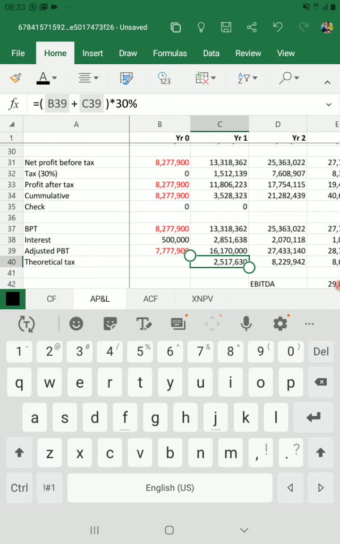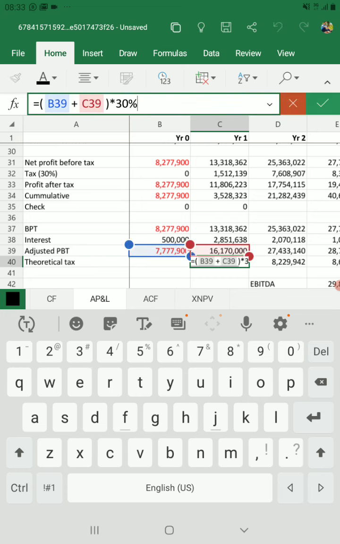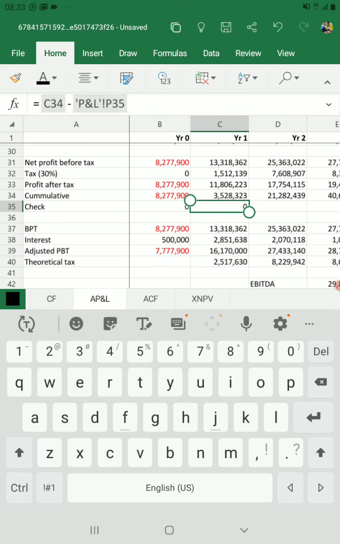For example, we took the profit for year 1, we added the previous loss to absorb that loss, and the net figure is the one that we applied the tax rate to, after absorbing the loss. So for these 2 years, that's why we have a difference in computation.